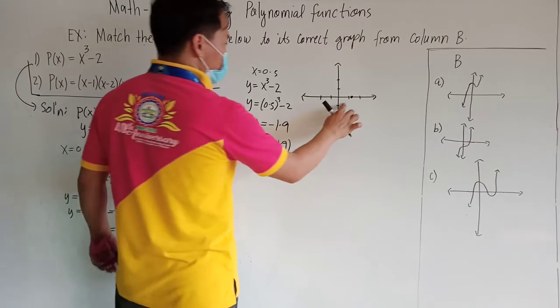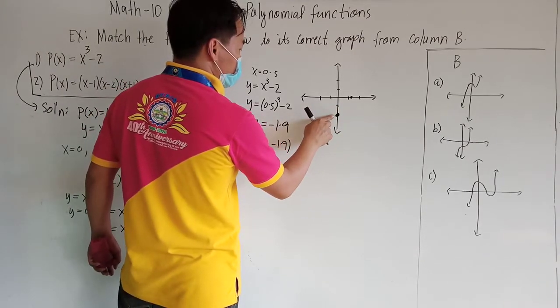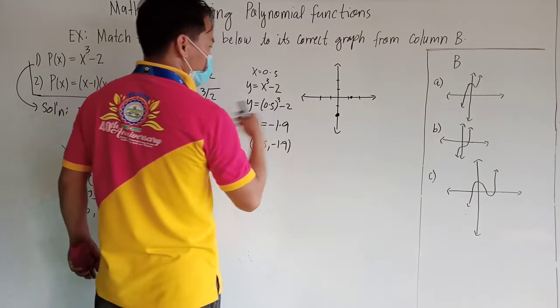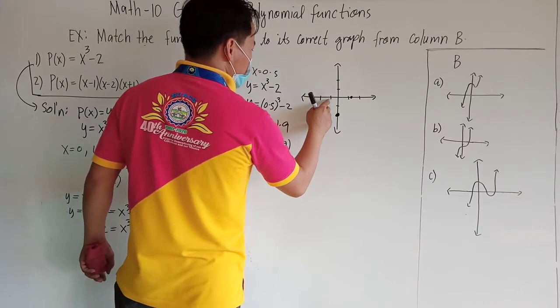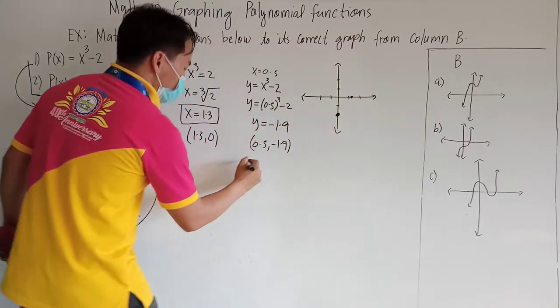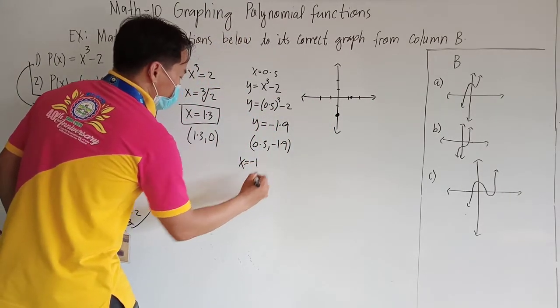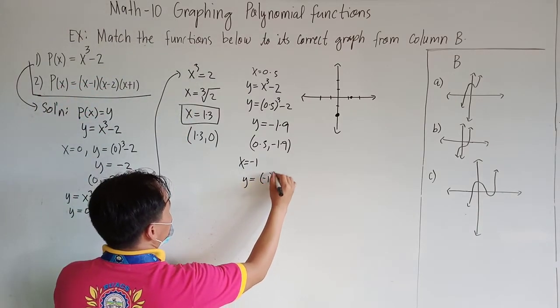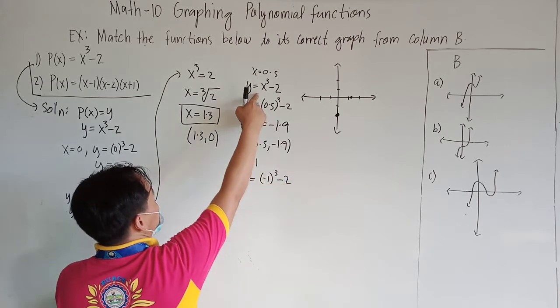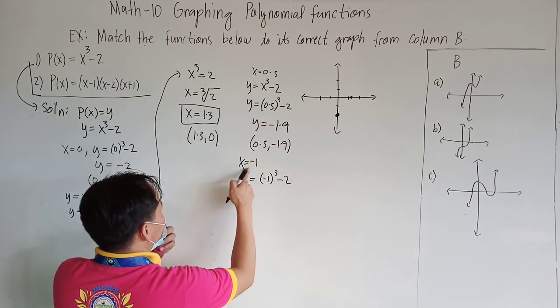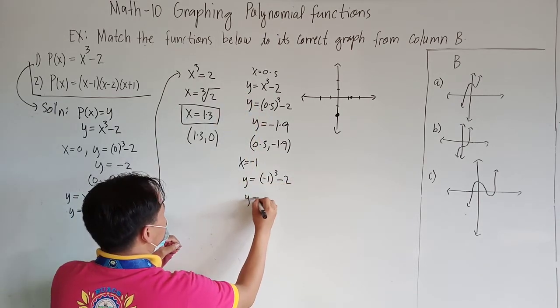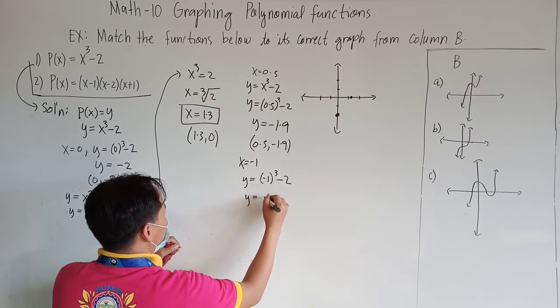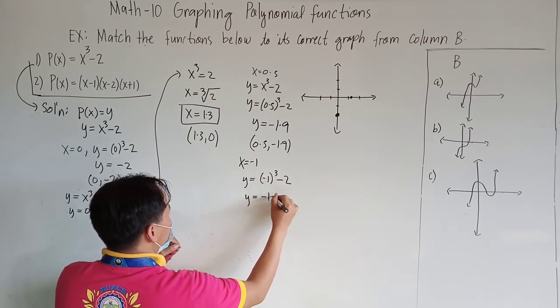Of course, we don't know about the direction from the left-hand side of the y-axis. So in here, we can choose the value x equal to negative 1. So from that, y is equal to negative 1 to the power of 3 minus 2. The same function that we are using, in x is negative 1. So y is equal to negative 1 to the power of 3, which is still negative 1, minus 2.